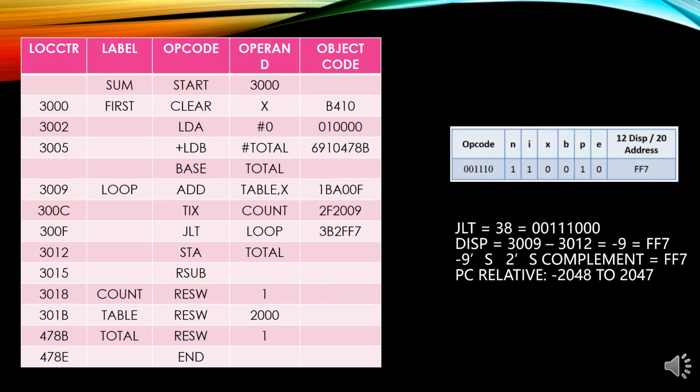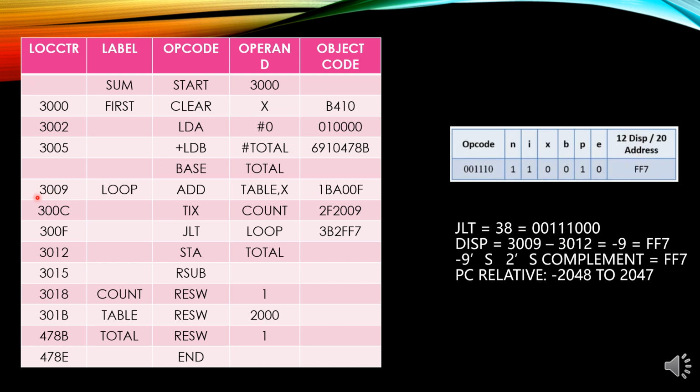The next instruction is JLT loop. Here we have the opcode of JLT, that is 38, so we take the first 6 bits, and N and I is set to 1 since it's not immediate and not indirect, and X is equal to 0 because it's not indexed addressing mode, and B is 0 because it's not base relative. We first find the displacement, that is 3009 minus 3012.